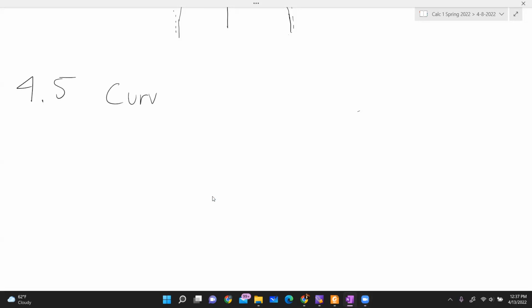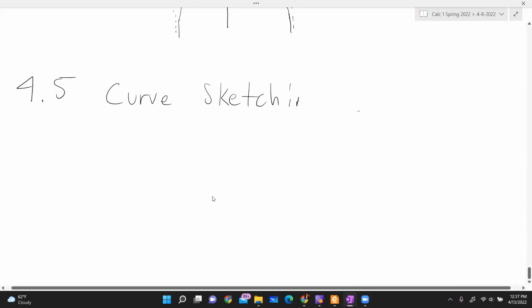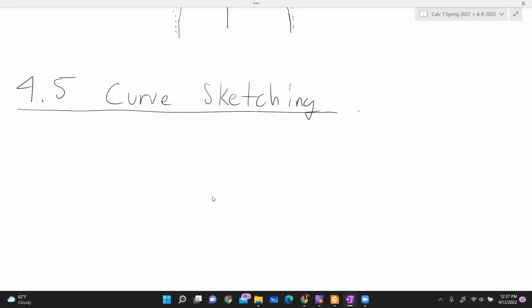All right, so hopefully you can see this. We're going back to 4.5, and this is on curve sketching. And we're going to look at example 3.